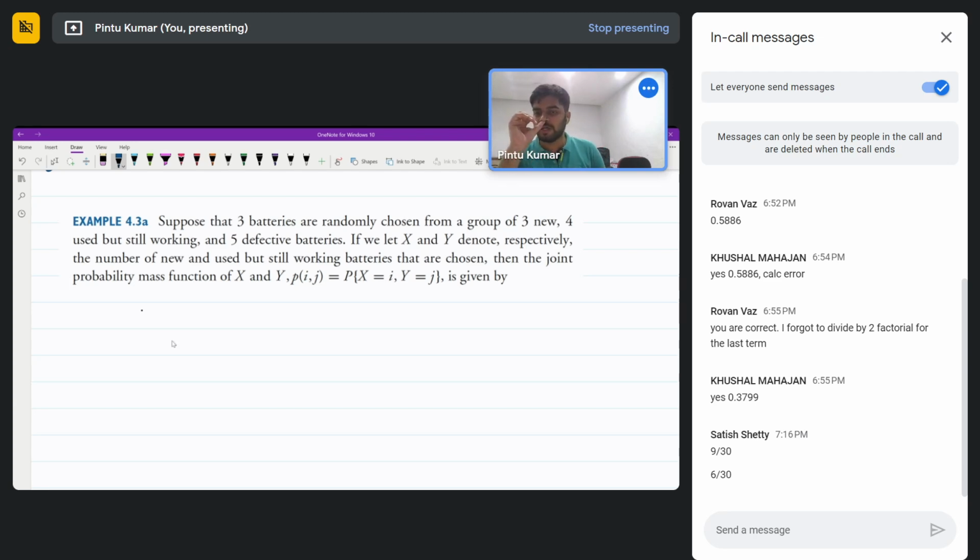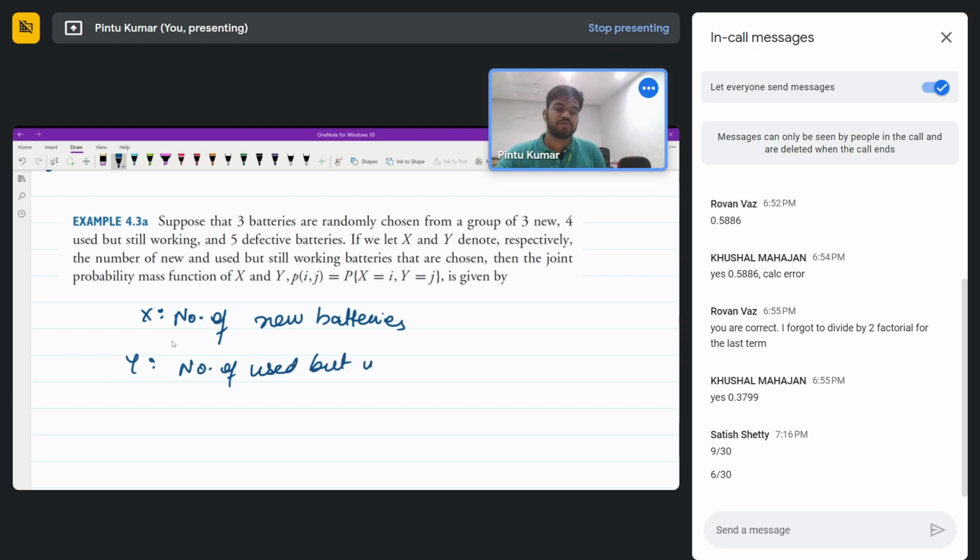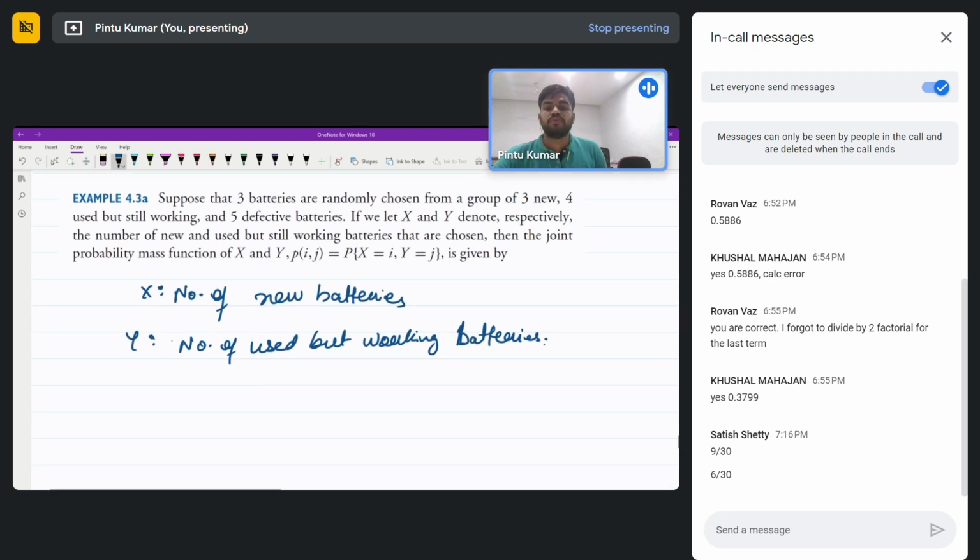So X denotes the number of new batteries in the 3 batteries that we have randomly chosen, and Y denotes the number of used but working batteries. We have been asked to find its joint mass function, that is Pij, when X is equal to i and Y is equal to j.